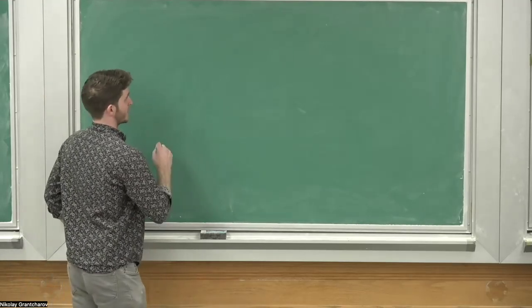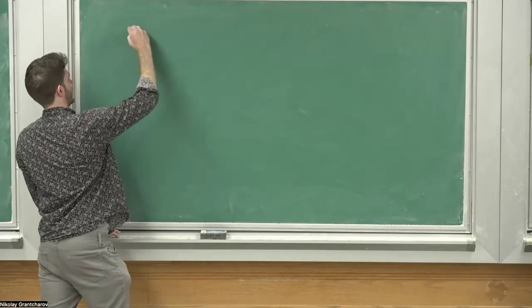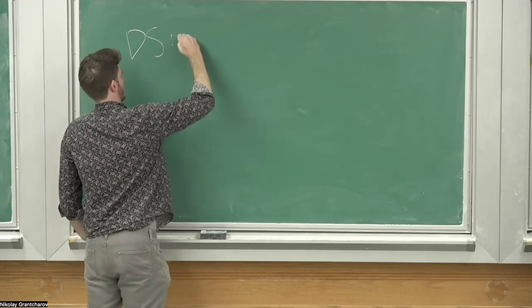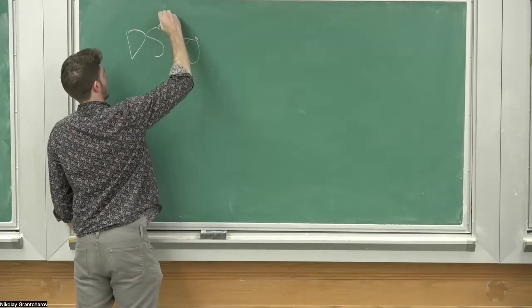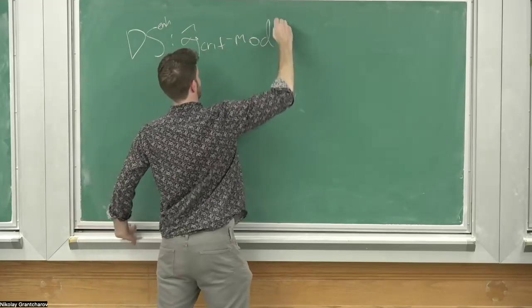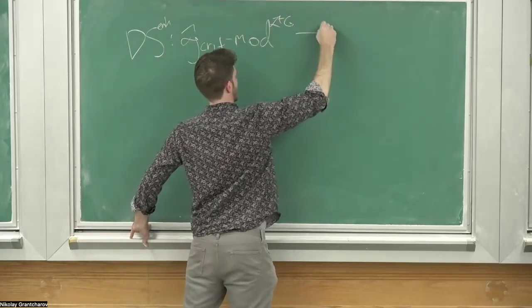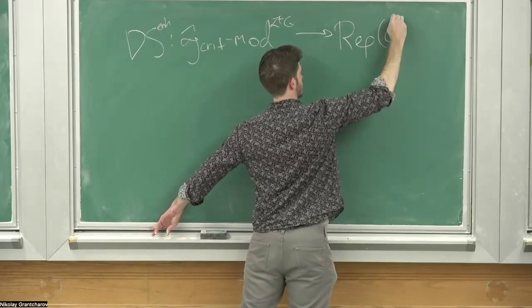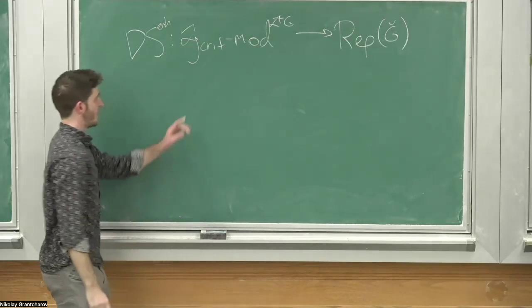So here it goes. So first of all, this business tells me that Drinfeld-Sokolov, I can upgrade it. So instead of taking values in vector spaces, I can make it take values in G-check representations. How do I do this?